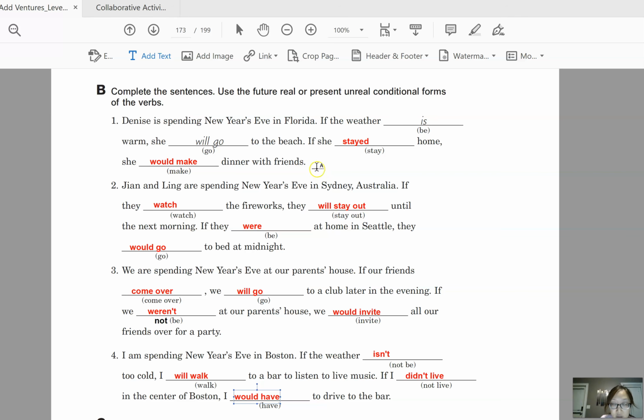You just put the if clause in the question, but make it past tense instead of present tense. Then what would she do? You have to include the modal would. So go ahead and make questions for numbers 2 through 4. You can pause the video and continue when you're finished.